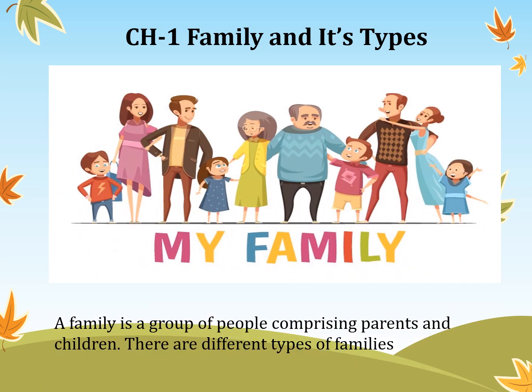See, this is a family. We have children, we have grandparents, uncle, aunt, everyone. And the most important thing for an individual is family. We admire our family. Without our family, we are nothing. So it is regarded as the first society of human beings.